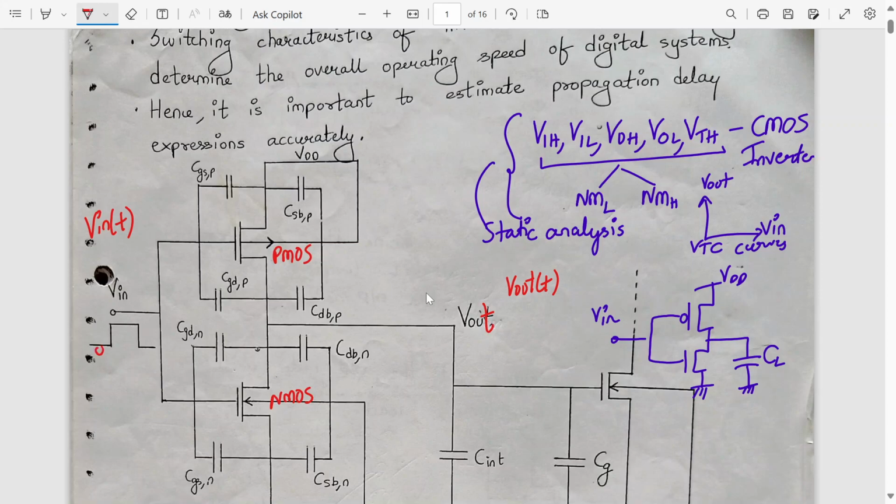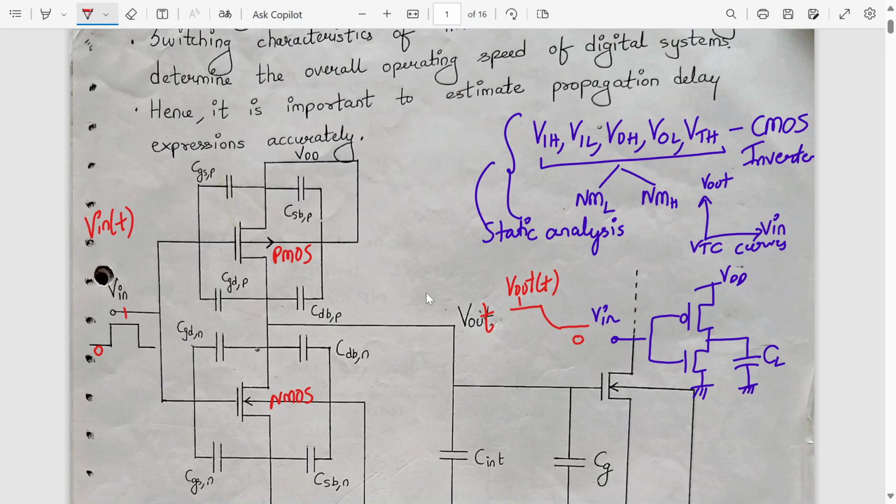Here it is logic 0, this is logic 1. If the input goes from 1 to 0, how fast or how much delay does the output show to change from 1 to 0? This we estimate in terms of propagation delay.